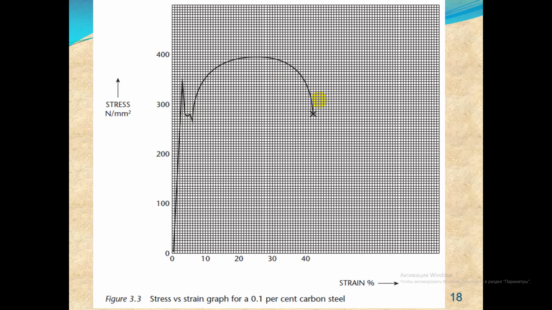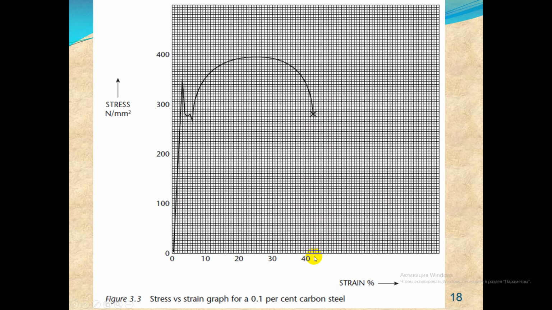That is, this is the point at which the test piece can sustain no more strain, and it fails. In this case, we can see that failure has occurred at a strain of 42.5%.